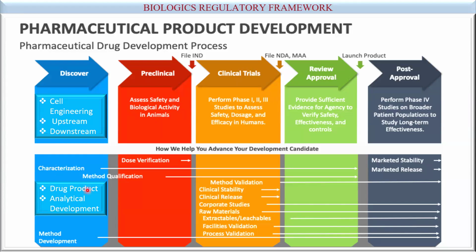Similarly, at the drug product stage, formulation characterization, formulation development, and filter validations. There are many CMC activities under drug product. Similarly, analytical method development: with respect to biological activities, it may be physicochemical activities. What methods are you going to use? In-house developed methods are required to be developed and qualified, and the qualified methods have to be transferred to QC.